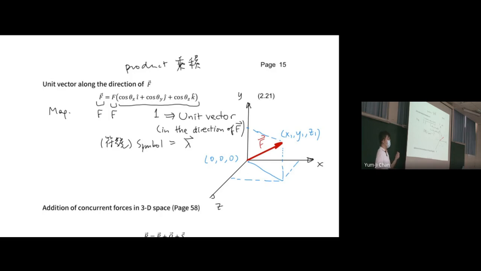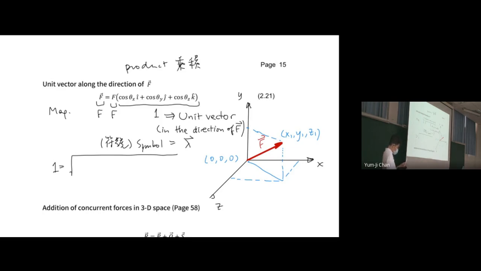From here, we want to know something else. We know that the magnitude of this vector is equal to 1. So we can write, because by mathematics, you know that's the length of a vector.